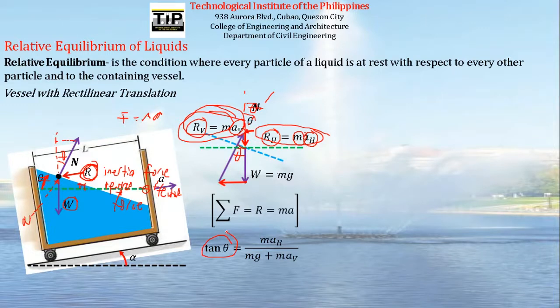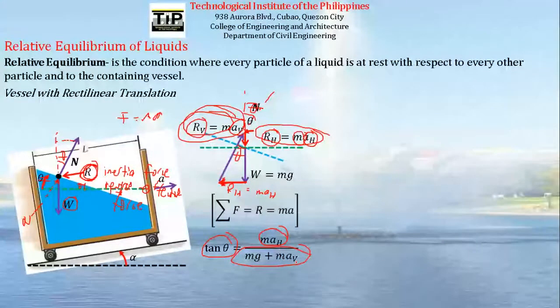So tangent is opposite over adjacent. So we have R sub h. So that's the horizontal component. So opposite over adjacent. Now, saan nanggaling yung mg plus m times a sub v?